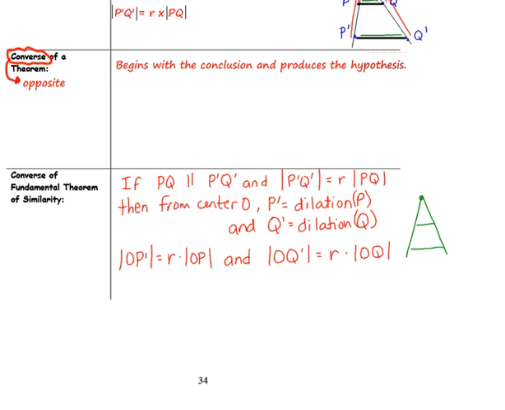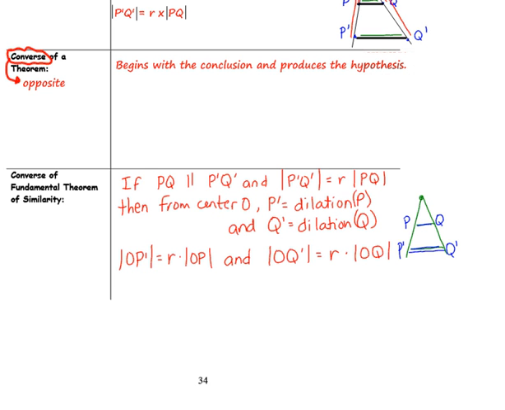The converse says that if you have parallel lines and the length of PQ, which is the length down here, if the length of P prime Q prime is equal to the scale factor times the length of PQ, then from center O, we have a dilation of P and a dilation of Q.